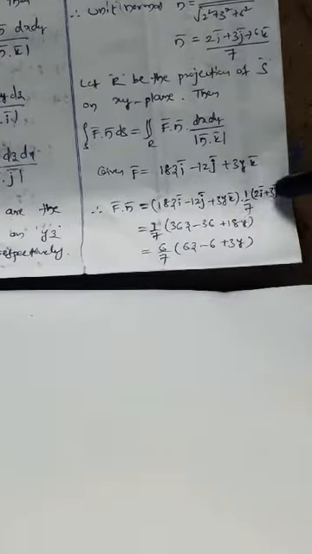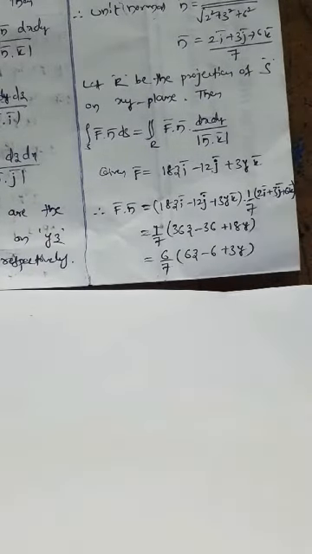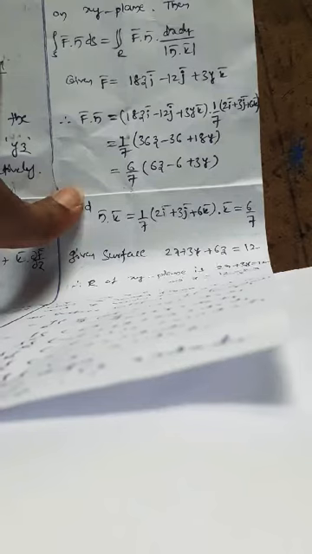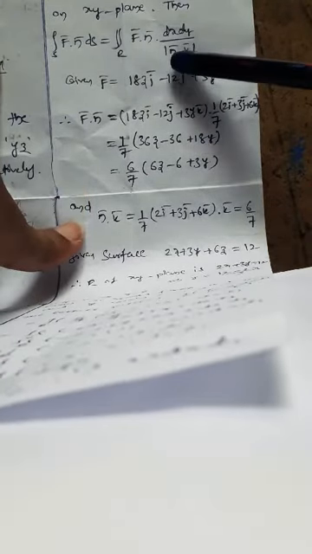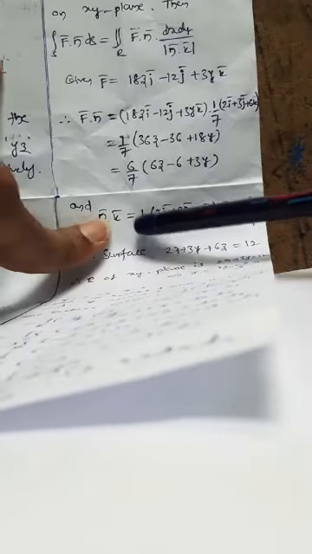Multiplying the corresponding i, j, k components, we get 6z minus 6x plus 3y, all over 7. So we have done F dot n. Of that, let us do n dot k. We have n as this one, and n dot k: only k is multiplied, since i dot k equals 0 and j dot k equals 0. So k dot k is equal to 1, and 6 into 1 by 7 is 6 by 7.